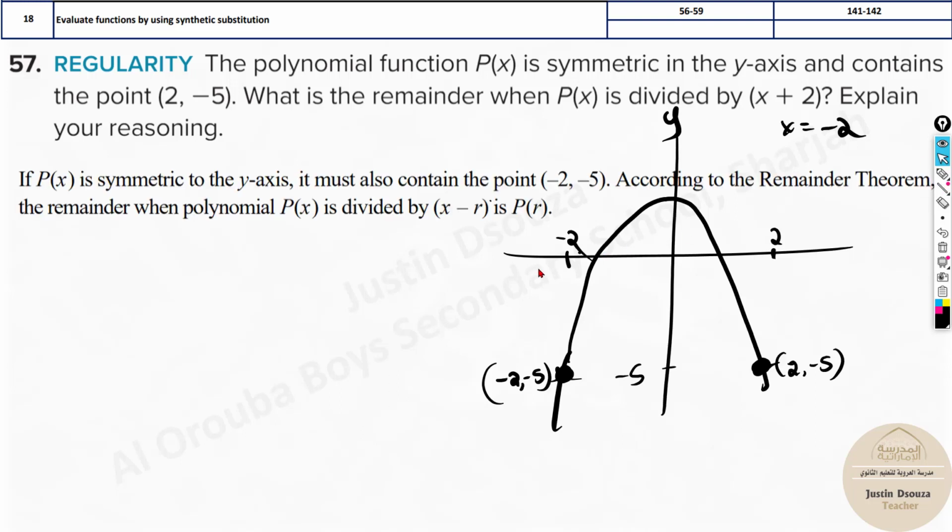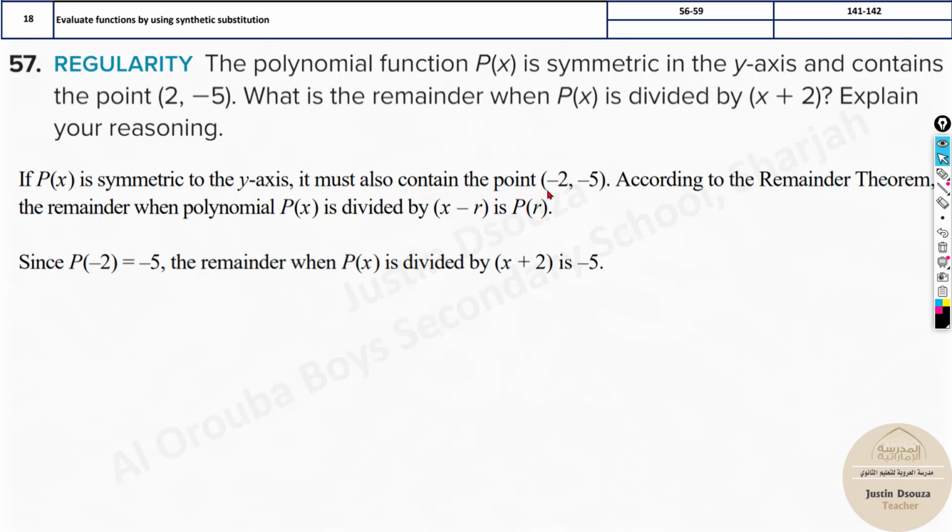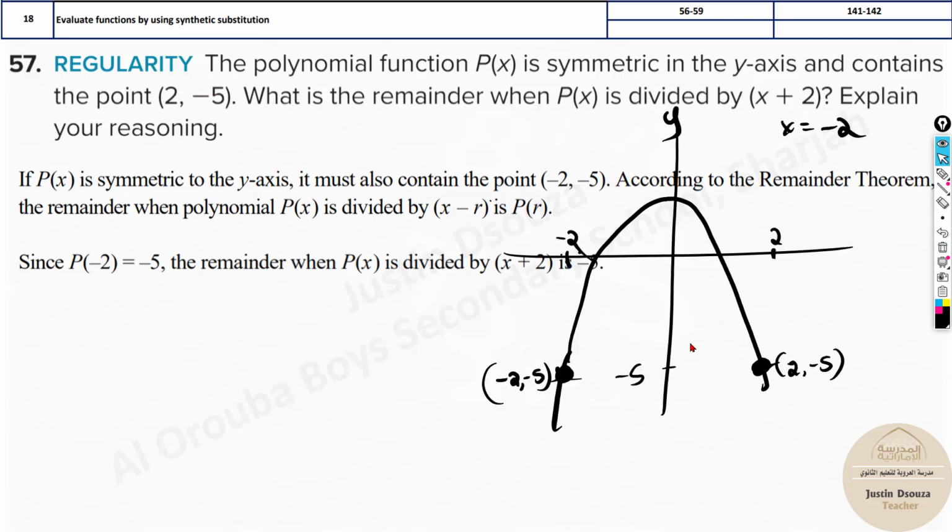Let's look into the answer. So it's symmetric along the y-axis, so it must contain this point. According to the remainder theorem, the remainder of the polynomial divided by x minus r is p of r when you substitute in the equation, okay? And basically when you substitute this r value in the equation, you must get the remainder of negative 5. Because we know over here it's negative 5 and symmetrical along the y-axis, so this graph is important.